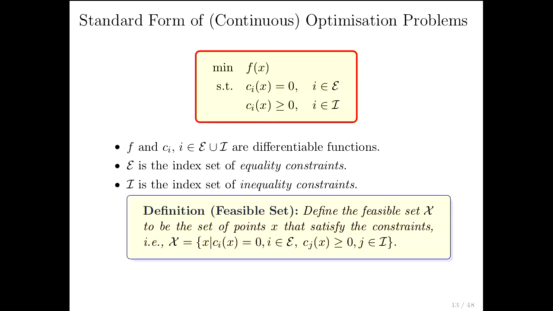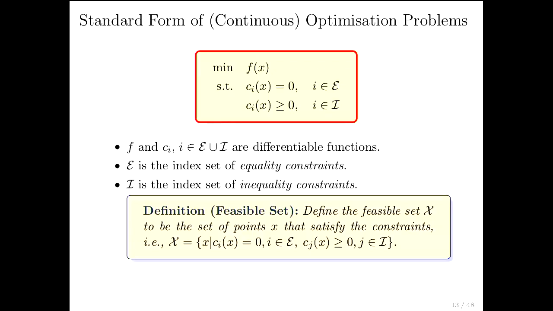It means my decision variable should satisfy those equality constraints. There can be more than one, so I put all of them in a set that I call calligraphic E, the indices of the equality constraint set. And then I want my decision variable to satisfy the inequality constraints as well, c_i(x) larger than or equal to 0. And I put all those indices in set calligraphic I.